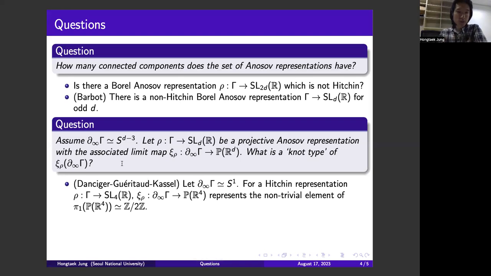What is known is that, for example, if gamma is a surface group, which has a circle boundary, then for a Hitchin representation rho, the image of the limit map represents a non-trivial element in the fundamental group of projective space. So in some sense, its knot type is non-trivial.